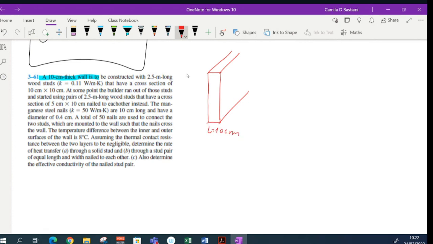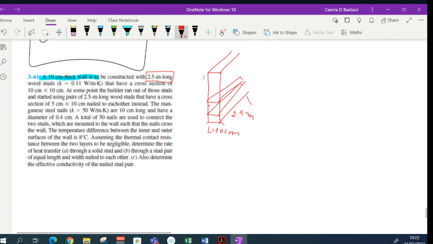And to build this wall, I'm going to be using 2.5 meters long wood studs. So I'm going to pile a few studs to build this wall. Okay, these studs, they are 2.5 meters long.